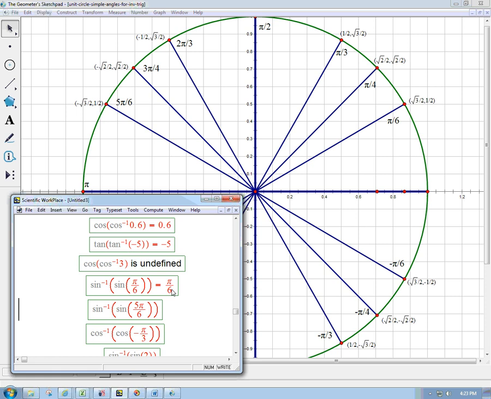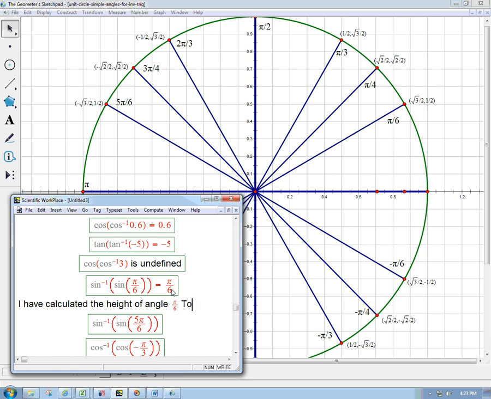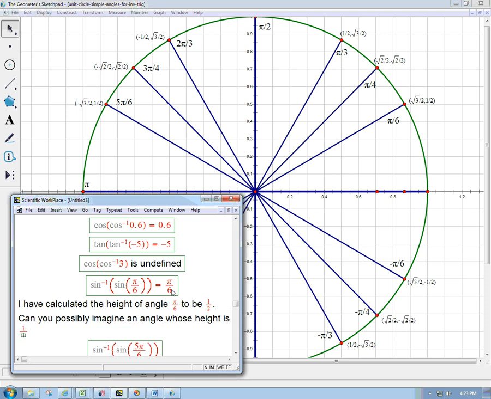Okay. So here I have calculated the intermediate stages. I have calculated the height of angle pi over 6 to be 1/2. Can you possibly imagine an angle whose height is 1/2?